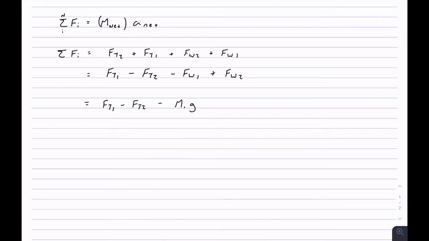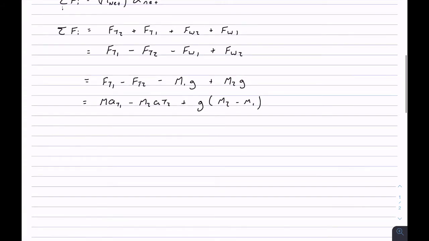Because that's going in the negative direction, plus M2 times G. Okay? Next, we simplify a little bit. We say this is going to be M1 AT1 minus M2 AT2, plus G, and then we can simplify here. We've got M2 minus M1.